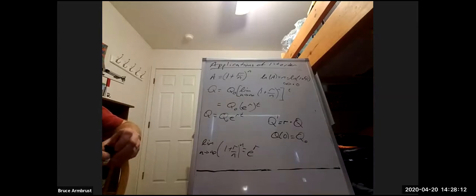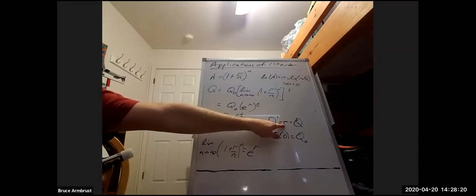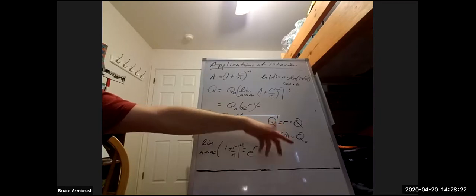So if we want to talk about continuously compounded interest, it's exponential growth where the interest rate is our k, it's our growth constant, which kind of makes sense. Like if you think about it from the population standpoint, we're getting a rate of change that's proportional to the amount that's there.